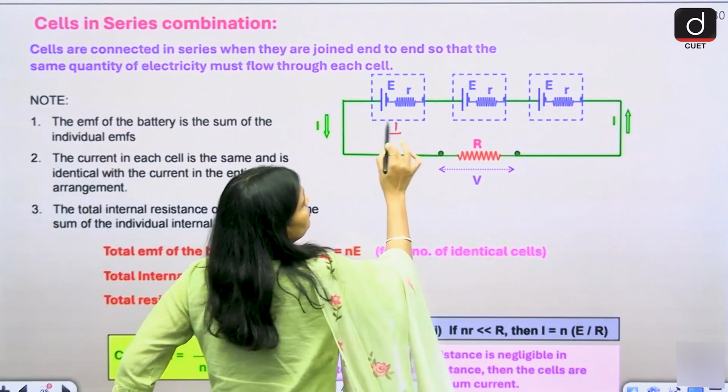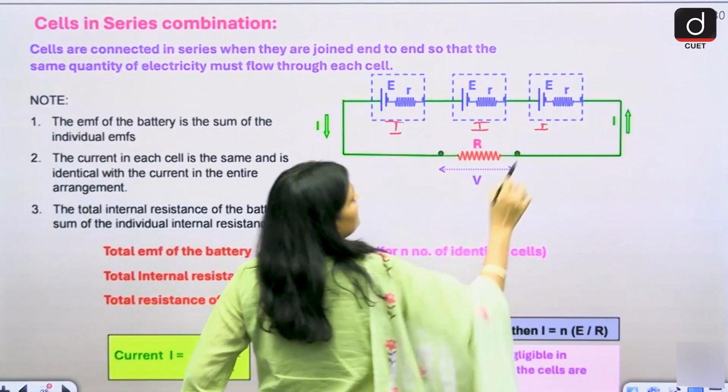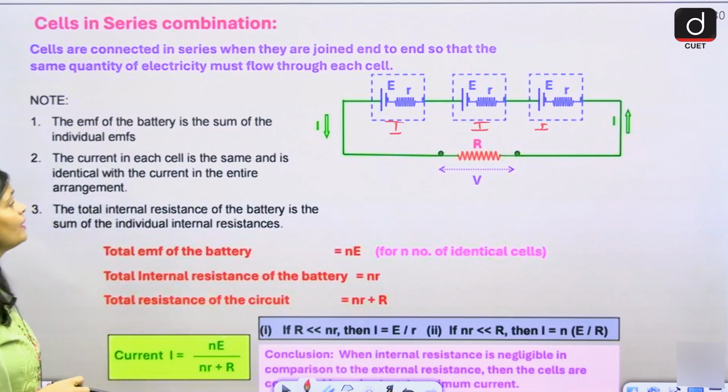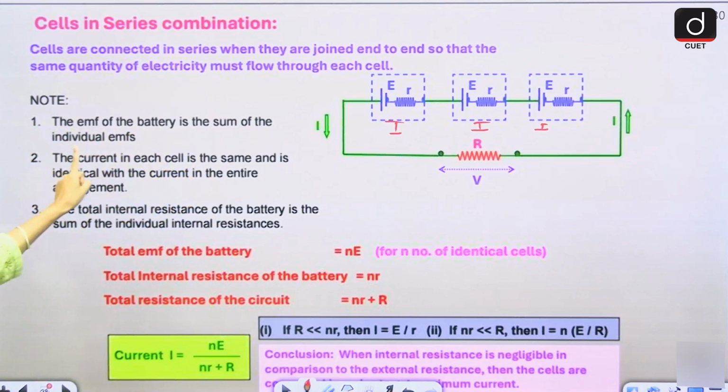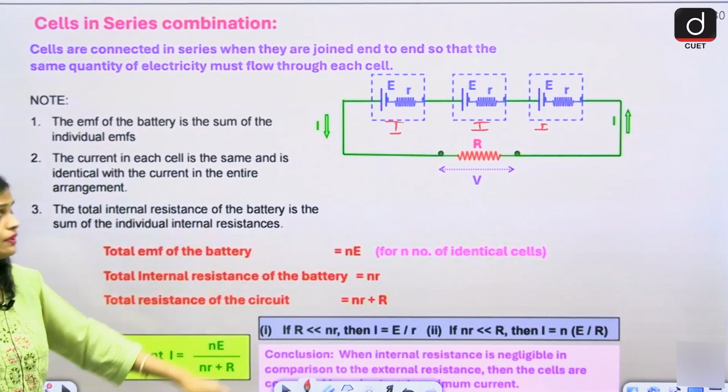So I should be same in each cell. Now the EMF of the whole battery is the sum of the individual EMFs. The current is same. The total internal resistance of the battery is also the sum of the individual resistances.